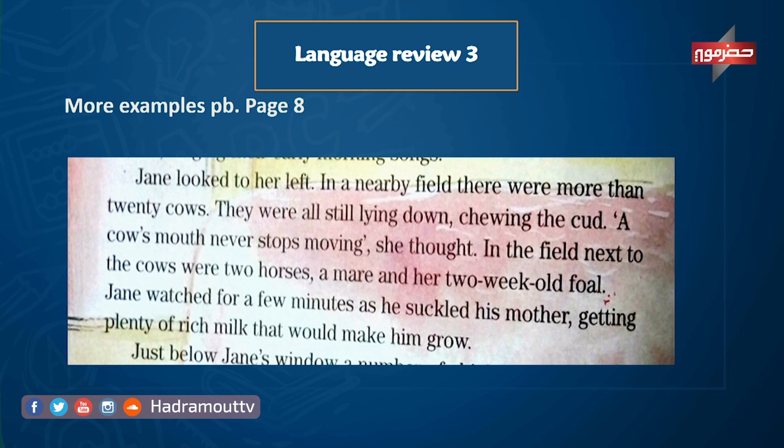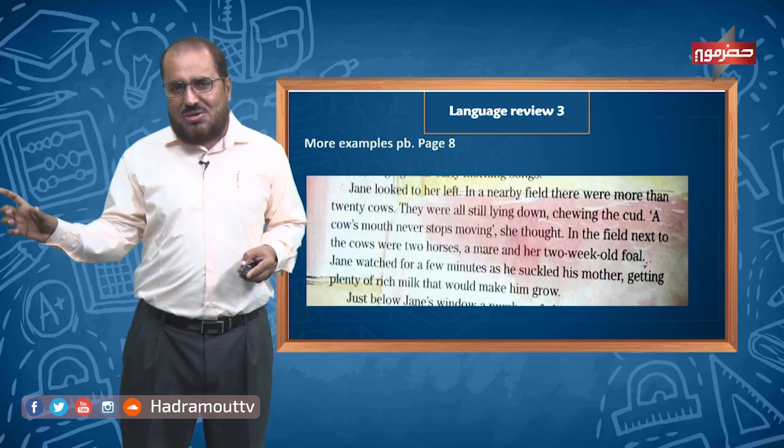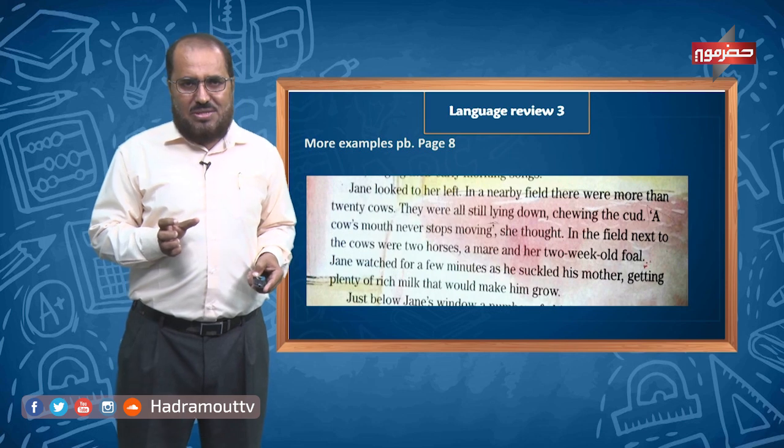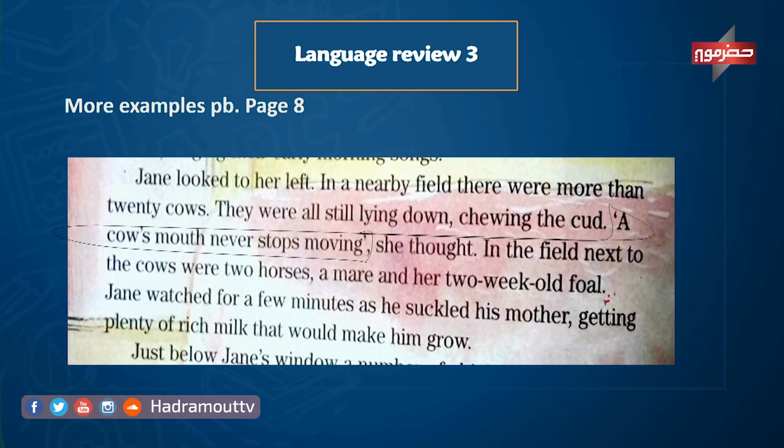Yes, the writer wrote it, but is it all said from the beginning to the end? No, some is quoted or reported speech that Jane herself said, and the writer took it exactly to show what Jane said about the view. What's this? You see, this is "a cow's mouth never stops moving." Who said this? Jane. So the writer put it inside two inverted commas or speech marks.